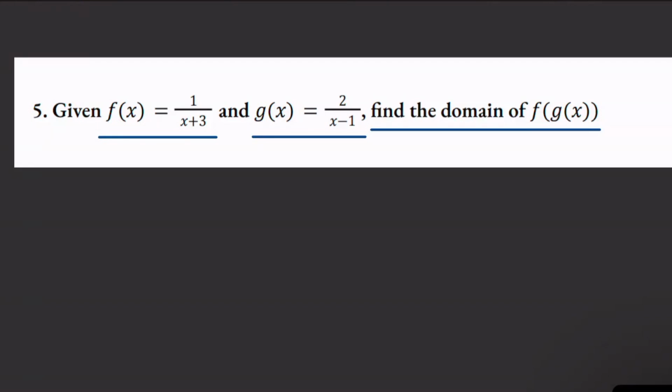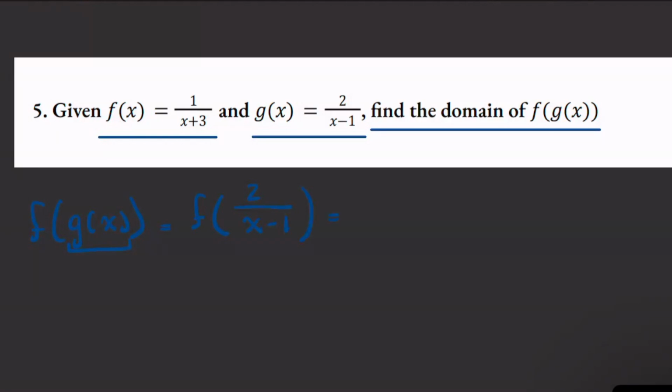So the first thing I'm going to do is take f of g of x. And the input right here is going to be my g of x. So I'm going to replace g of x with what it's equal to, which is this.